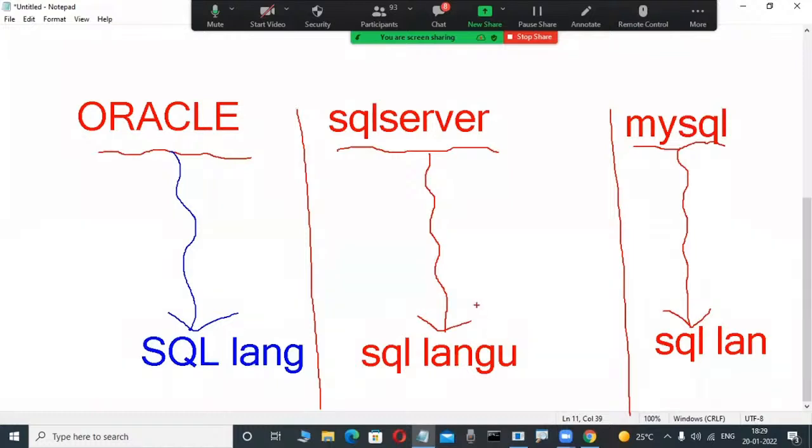Some technical people in our class are saying they are the same.